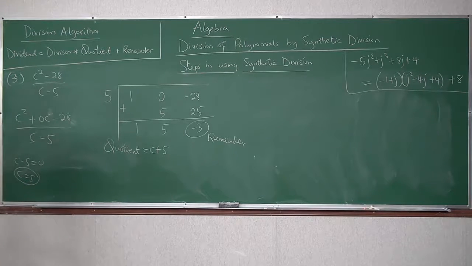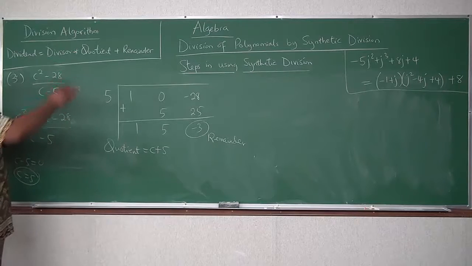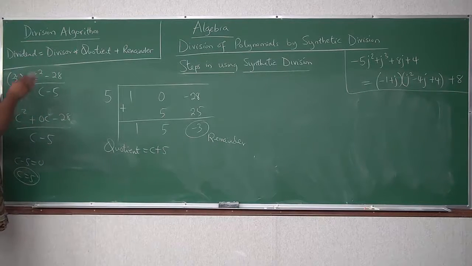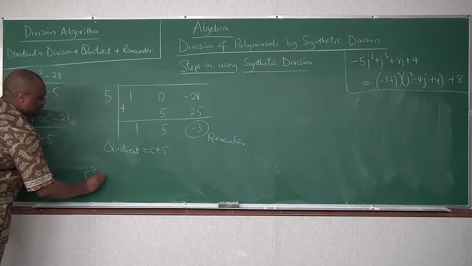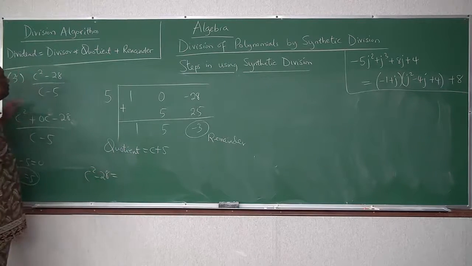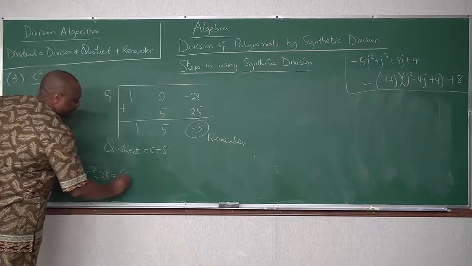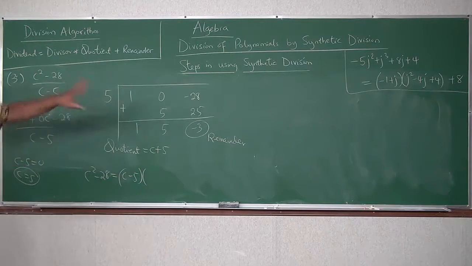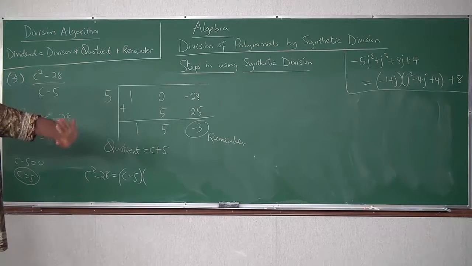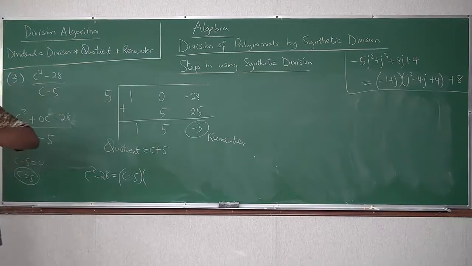If I write this in the format of the division algorithm, we see that c squared minus 28 is equal to c minus 5. When you check your work, you check it with the original equation. Do not check your work with the modified equation.